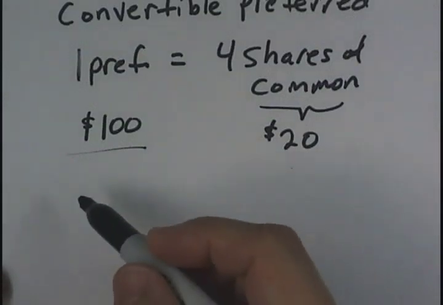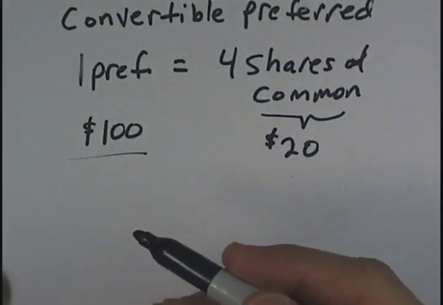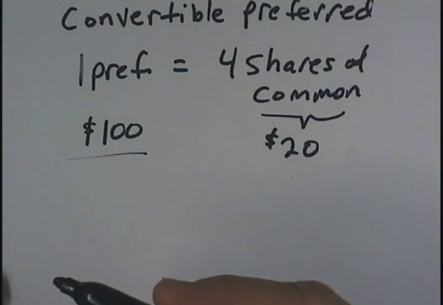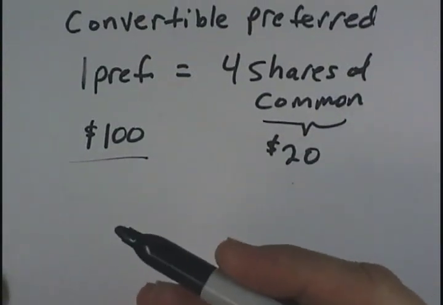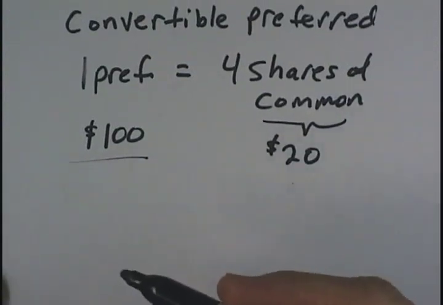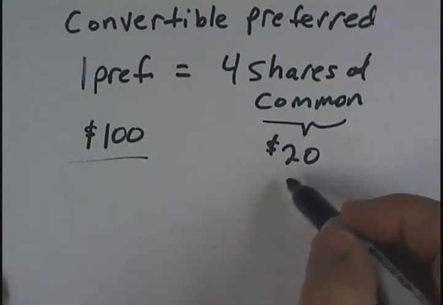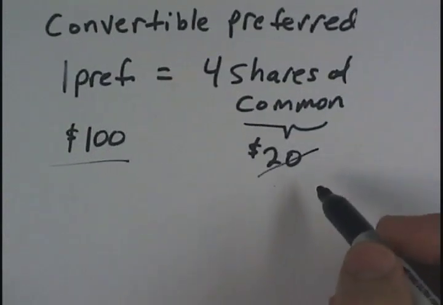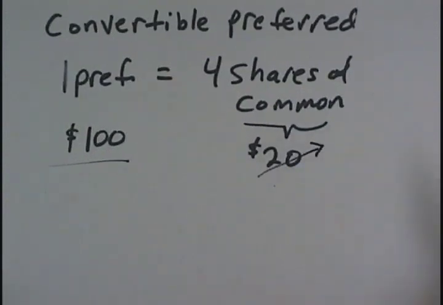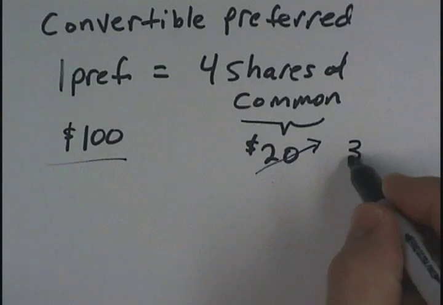Typically, the preferred stock will just produce those preferred dividends every quarter, and you don't expect a lot of capital appreciation for preferred stock. But if it's convertible, what's going to happen if this common stock starts to go up, and it goes up to, say, $30 per share?